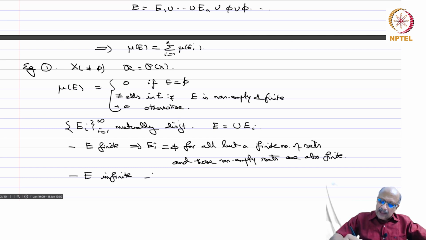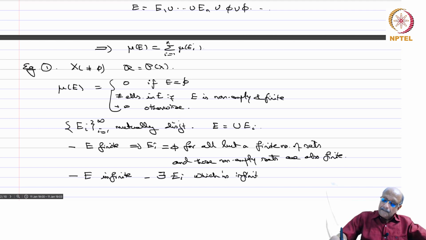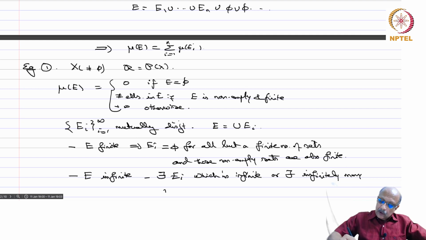So if E is infinite, then you may either have that there exists an Ei which is infinite, or there exist infinitely many non-empty finite Ei.